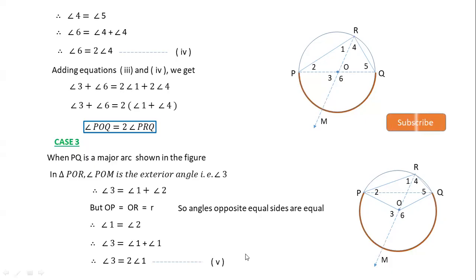Clear? Now let us go to the next part. Again the figure. Now I am taking this side triangle, ORQ. In triangle ORQ, angle QOM is an exterior angle, that is angle 6.